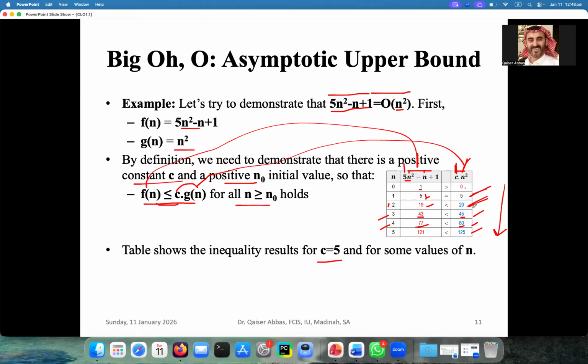And the initial value for n, where we have equality, is 1, which is my n0.